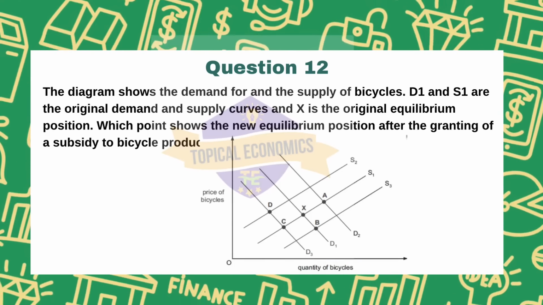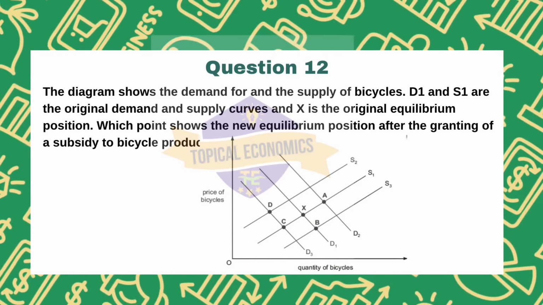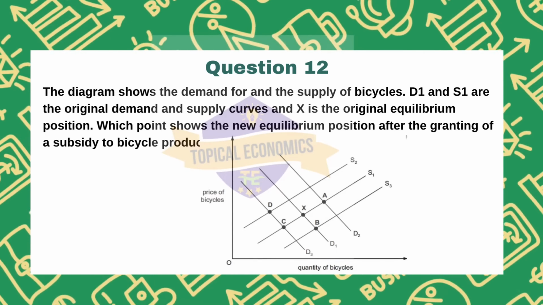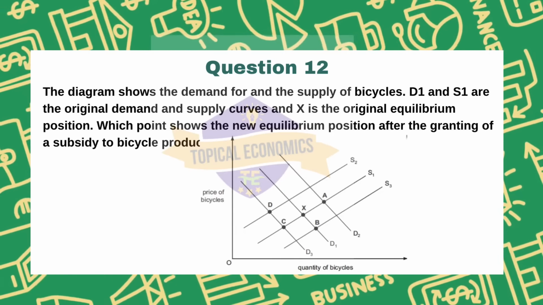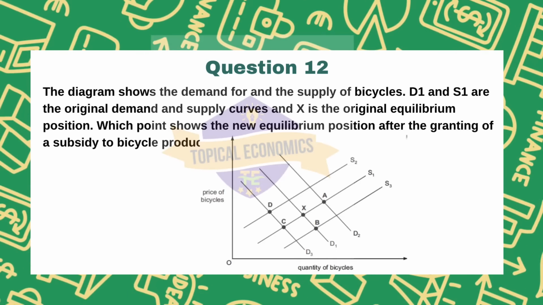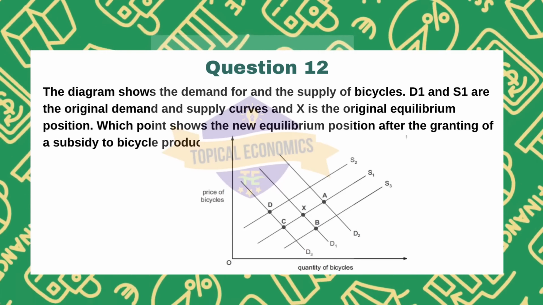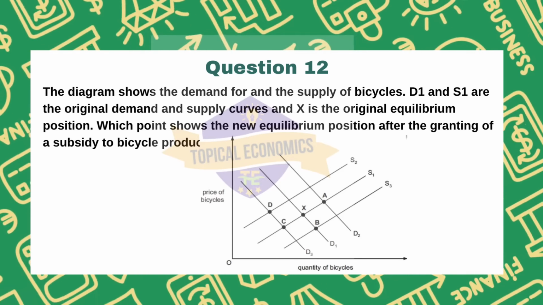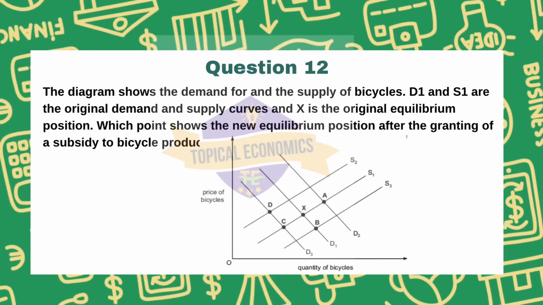Moving to the 12th question. The diagram shows the demand for and the supply of bicycles. D1 and S1 are the original demand and supply curves, and X is the original equilibrium position. Which point shows the new equilibrium position after the granting of a subsidy to bicycle producers?